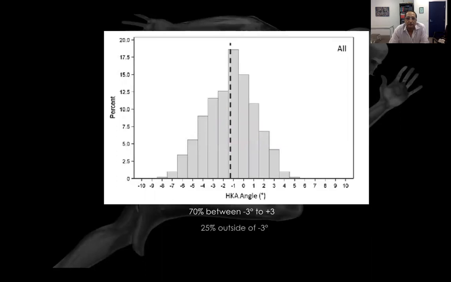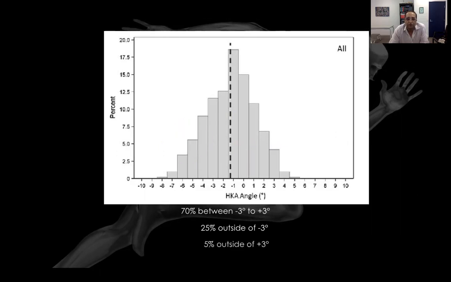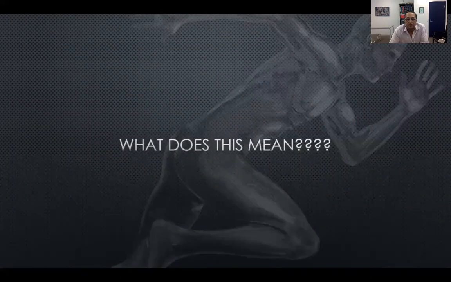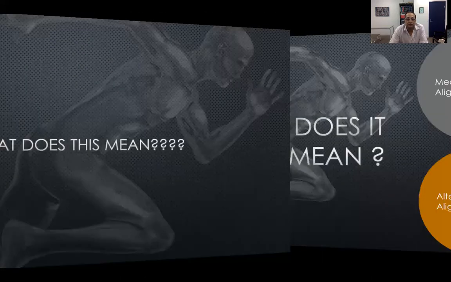However, there's a significant proportion of patients that lie outside of -3, meaning more varus than -3. And there's a small proportion of people that are valgus outside of 3 degrees, about 5%. So 70% of patients are what we consider straight, 25% are varus outliers, and 5% are valgus outliers. So what does this all mean?